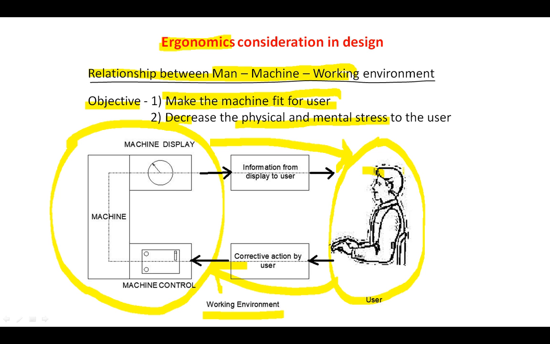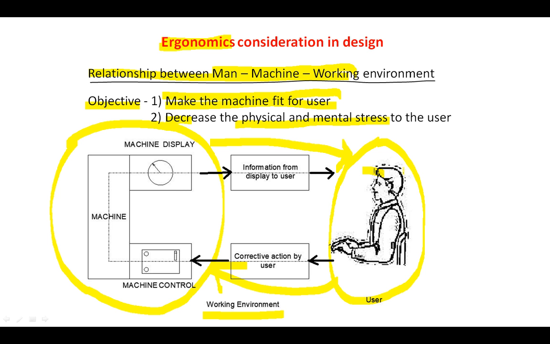Now consider if a switch is placed at a very high level, suppose a height of 10 feet or 12 feet. You cannot access that easily. Each time you want to switch an electrical appliance on or off, you have to climb up the ladder, switch on or off, and then come back down to the floor.